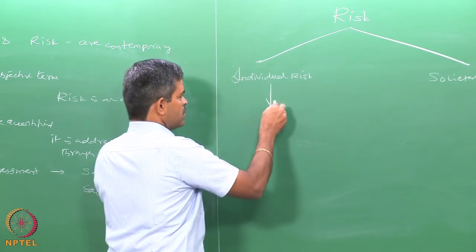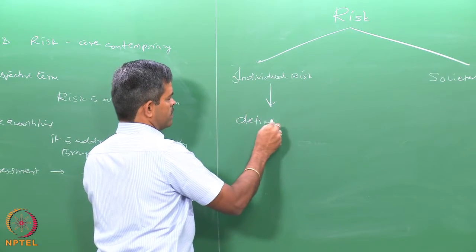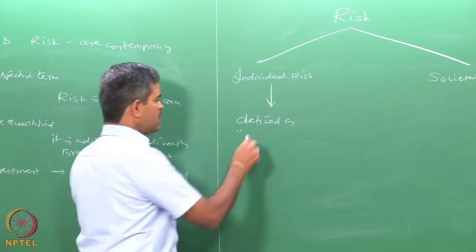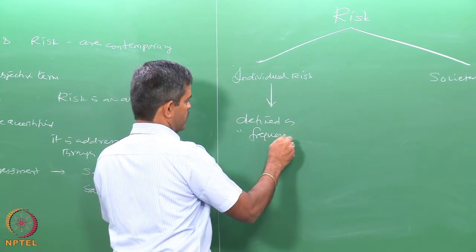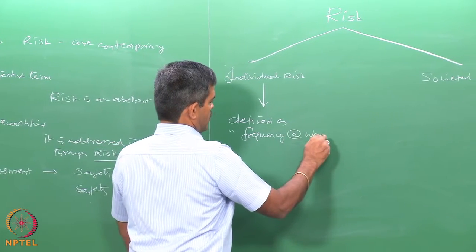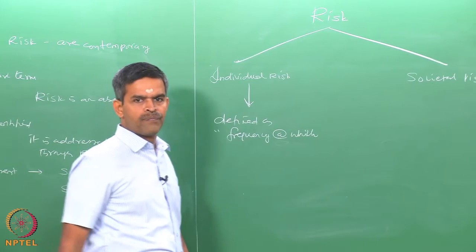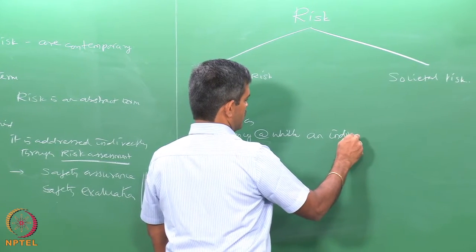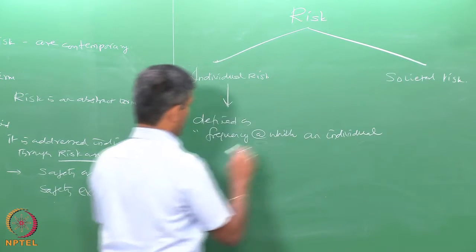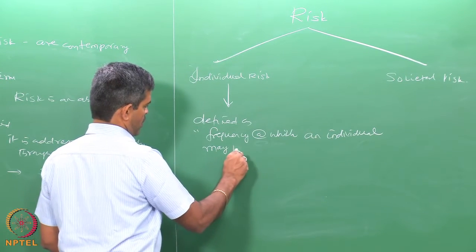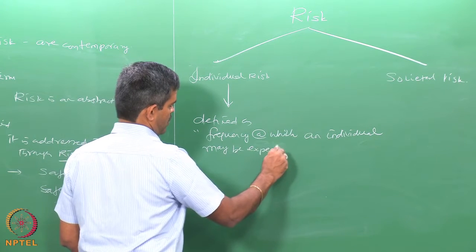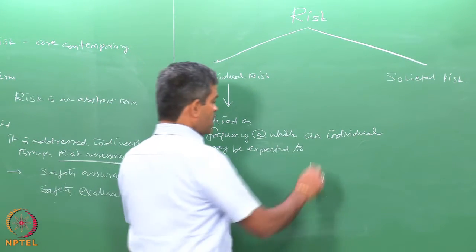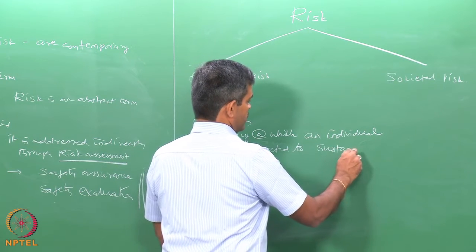Individual risk is actually defined as frequency at which an individual may be expected to sustain a given level of harm.